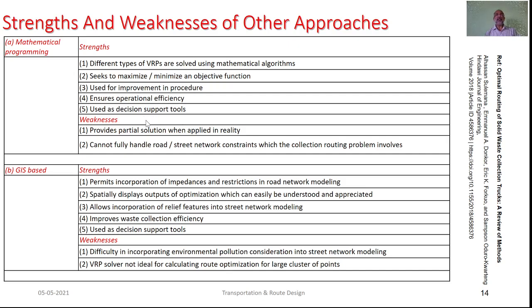It can be used as decision supporting tools because simply mathematical programming won't be helpful. One's expertise, the experience should also be taken into account. As we apply these kind of solutions, the solutions could be partial solution as far as real situations are concerned.